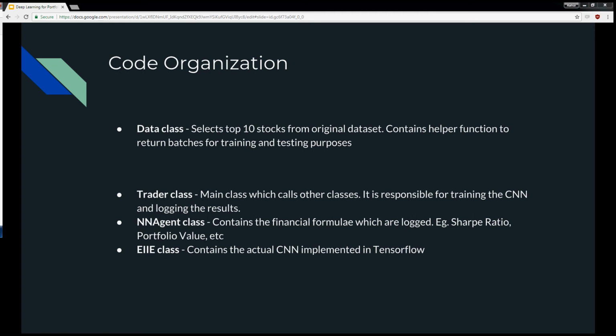We can also add hyperparameters to this class if we find them later, and if there's a new development in the field of portfolio management. And the last one is the EIIE class, and that contains the actual CNN implemented in TensorFlow.